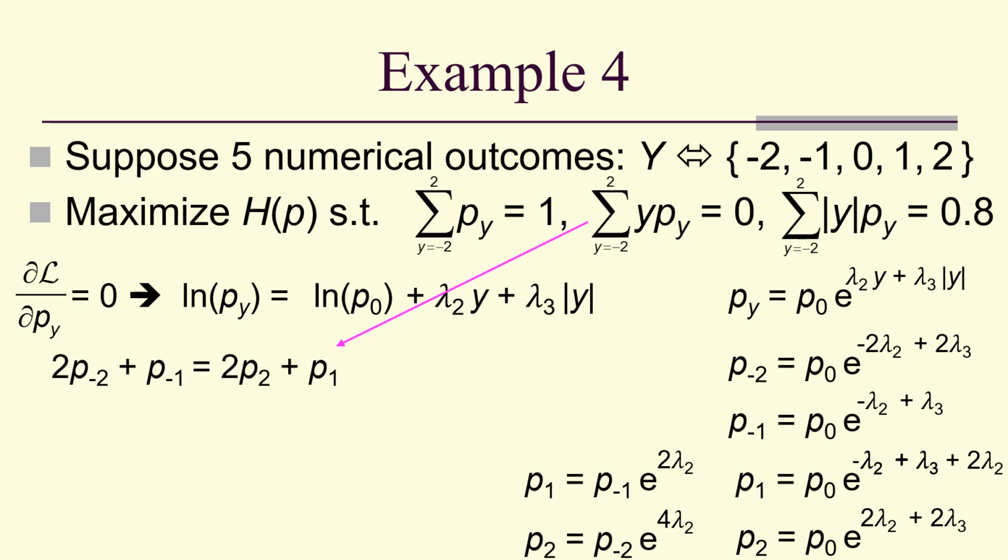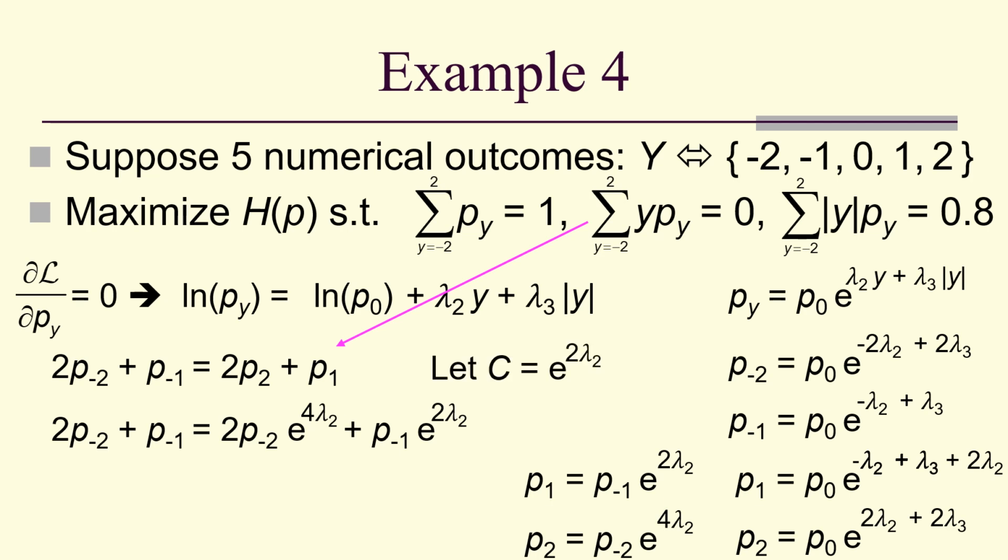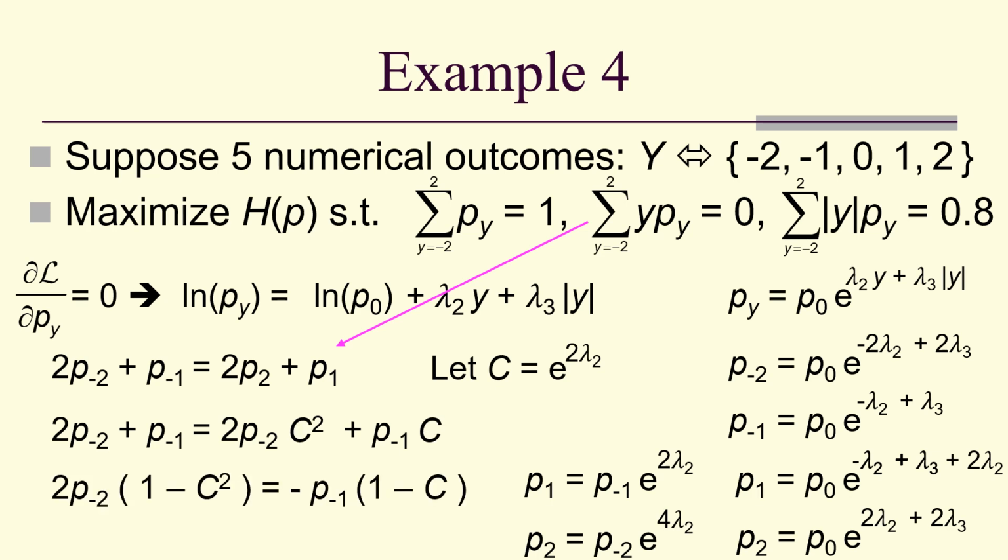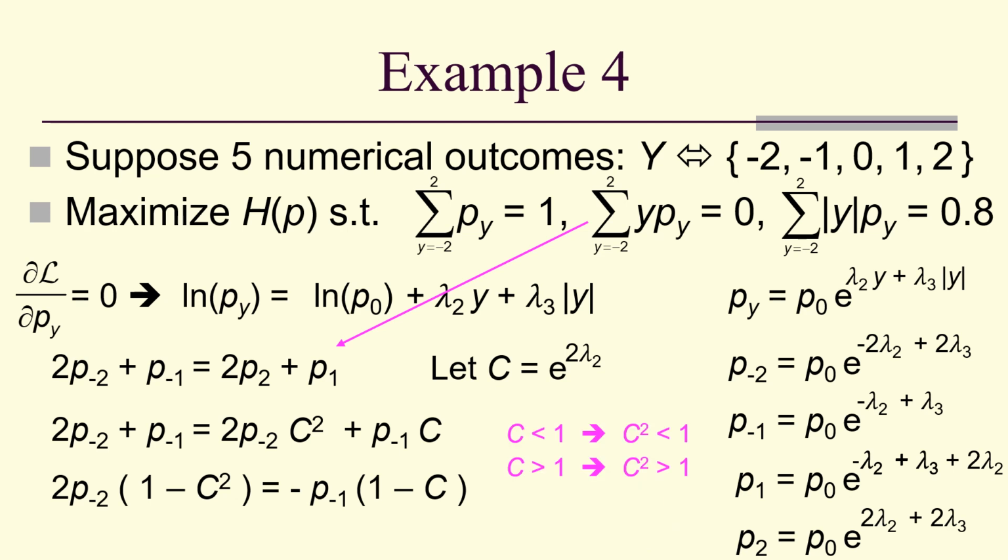So notice now we use our first constraint, our expected value constraint, and we substitute. We're going to say c is e to the 2 lambda 2, some constant, and that's going to give me p negative 2, 1 minus c squared is equal to negative p negative 1, 1 minus c.